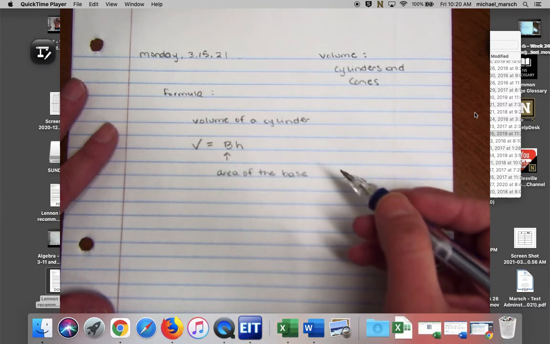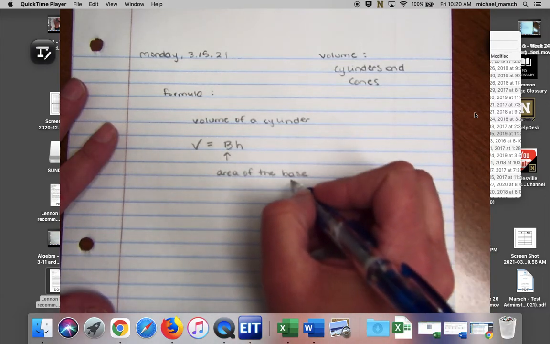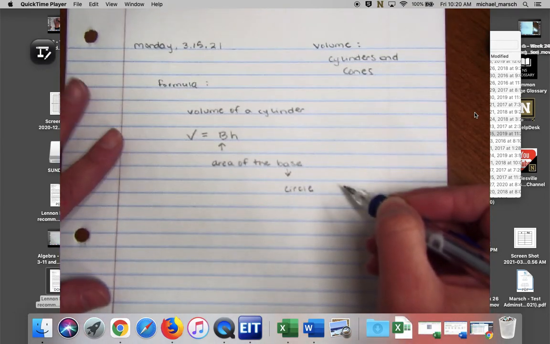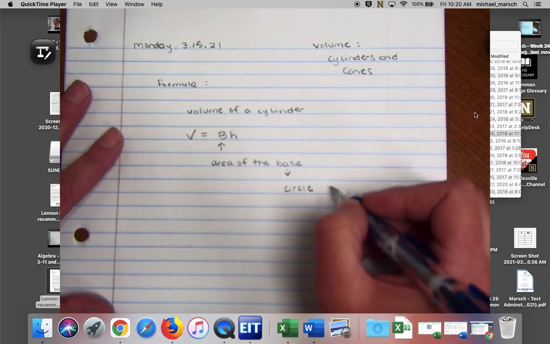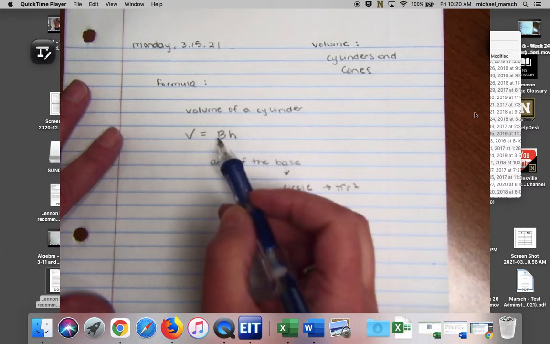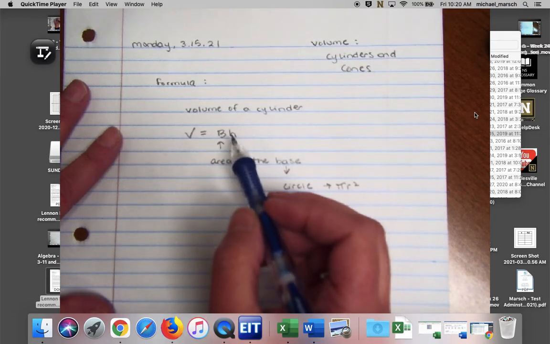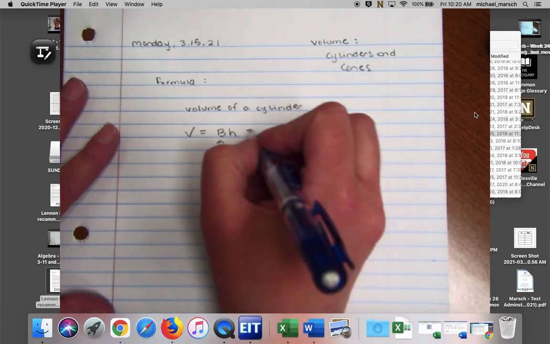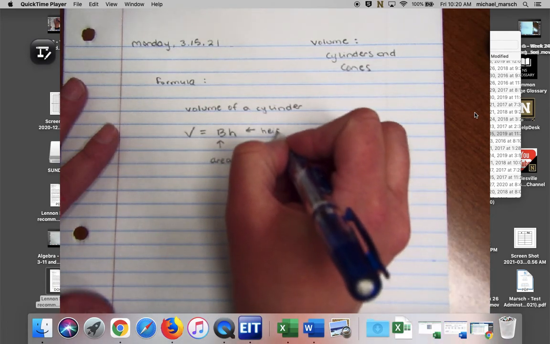Our base happens to be a circle. And the way you find the area of a circle is pi r squared. So this capital B for this particular shape is going to stand for pi r squared. The H is the height of the cylinder.